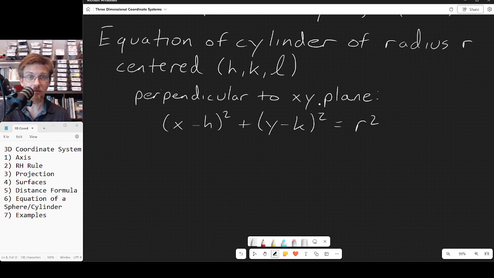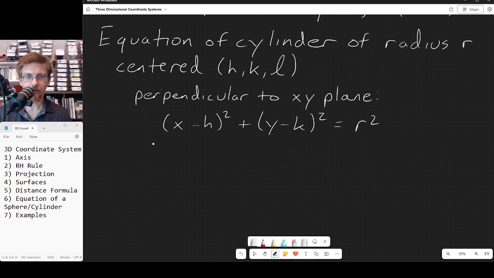Like I said, you'll notice I didn't use L at all, because for a cylinder, one of the variables has to be free. You can restrict it between something, but the other variable will not show up in the equation. And so if you wanted to do perpendicular to the YZ plane, then it would be very similar. I can go ahead and do it here real fast.